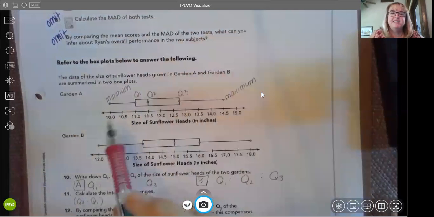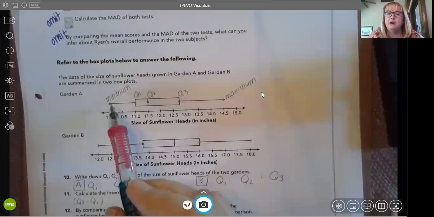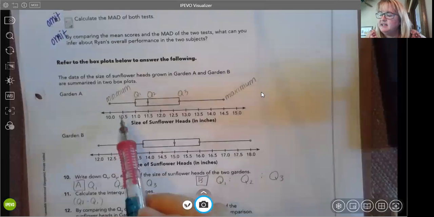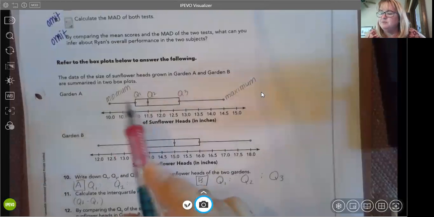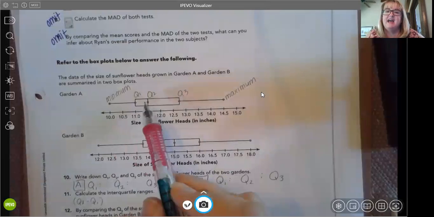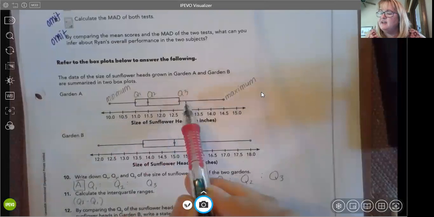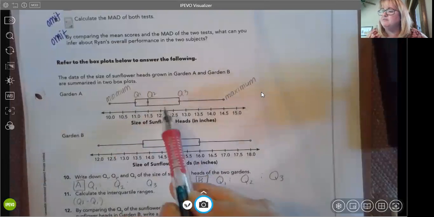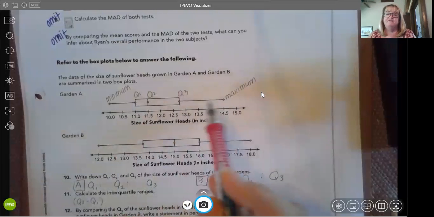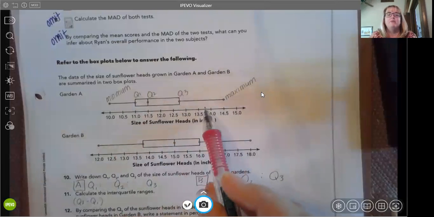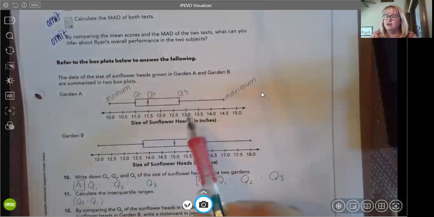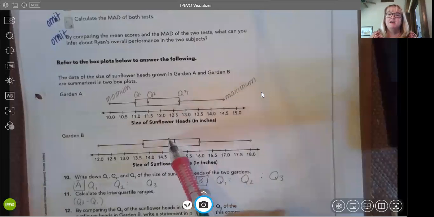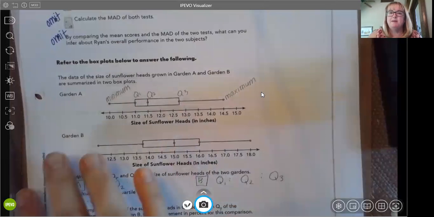So 25% of the flowers are between 10 inches and 11 inches. 25% are here. 25% are between 11 and 11.5 inches. 25% are between 11.5 and 12.5 inches, and then 25% are between 12.5 and 14.5. So I want you to answer the questions based on this data for Garden A and this data for Garden B.